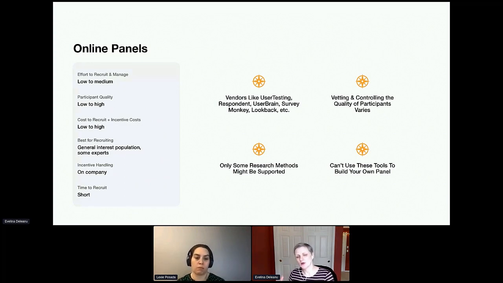So just to call out, some of these vendors require that you have an ongoing annual subscription for their services, in addition to the recruitment incentives that you may have to offer when you use their platforms. Some of the vendors allow you to pay as you go or pay per participant type of model. So depending on the volume of research and depending on the volume of recruiting that you do, different pricing models may work in your favor or may not work in your favor.